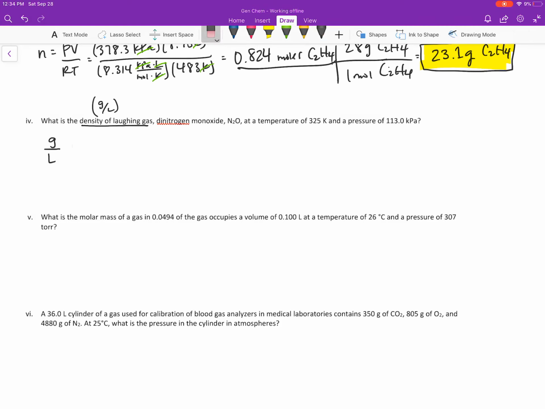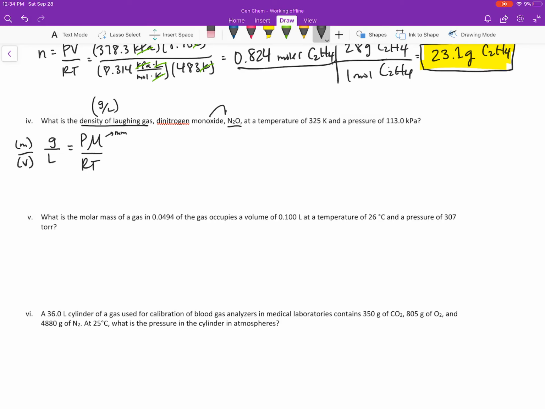Let me write that on the opposite side. I don't want it to look like it's part of the problem. And it's going to be equal to the pressure times the molar mass. So that swoopy M is the molar mass of the gas. So now I'm going to finish the rest of it. It's of dinitrogen monoxide.